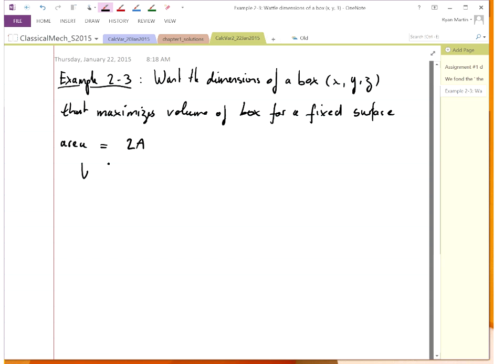So since we want to maximize the volume, which I'll call F, that's given by x times y times z. That's the volume of the box.